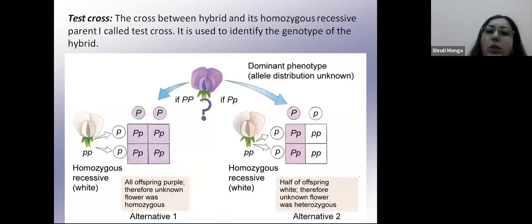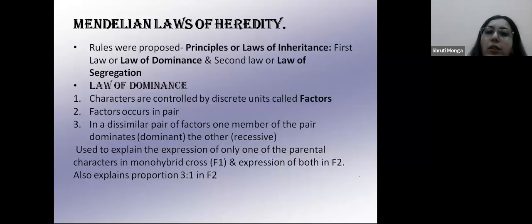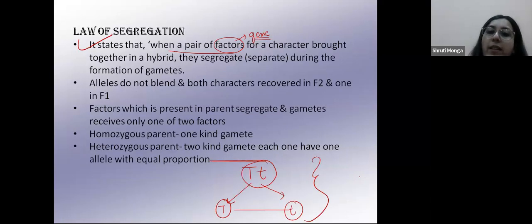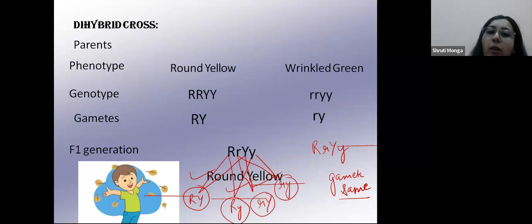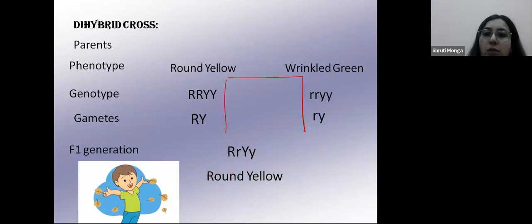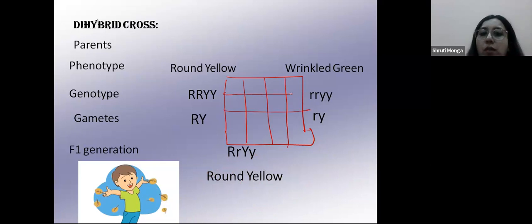How it was done, you make a Punnett square, you write the gametes. On one side you write the male gamete and on the other side you write the female gamete. So we do it like this. Suppose I'm making it small because I don't have much space. 1, 2, 3, 4. 1, 2, 3, 4. So I'm not going to do it whole.